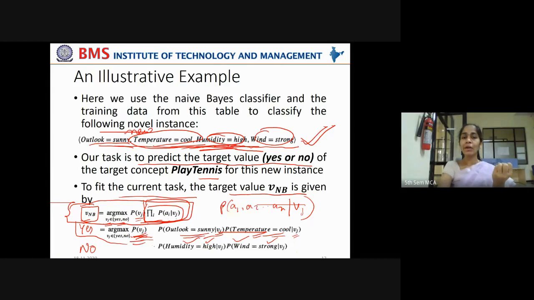Plus probability of no, again probability of outlook equal to sunny for no, probability of temperature equal to cool given no. Again, all these for no also you have to calculate, right? That means 1, 2, 3, 4, 5, another 5, total 10 probabilities you have to find out and substitute in this equation in order to get whether yes has the highest probability of becoming the target label or no has the highest probability of becoming the target label for this new instance given.